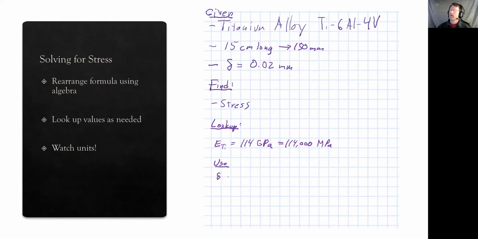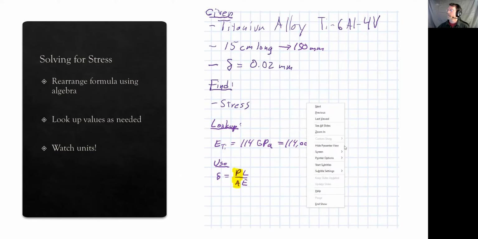our equation. Delta equals PL over AE. Problem is that I don't see stress here. I'm looking for stress, but you should see stress. P and A together make stress. So I'm going to solve for P over A. I'm going to multiply both sides by E over L because I'm trying to get P over A by itself.